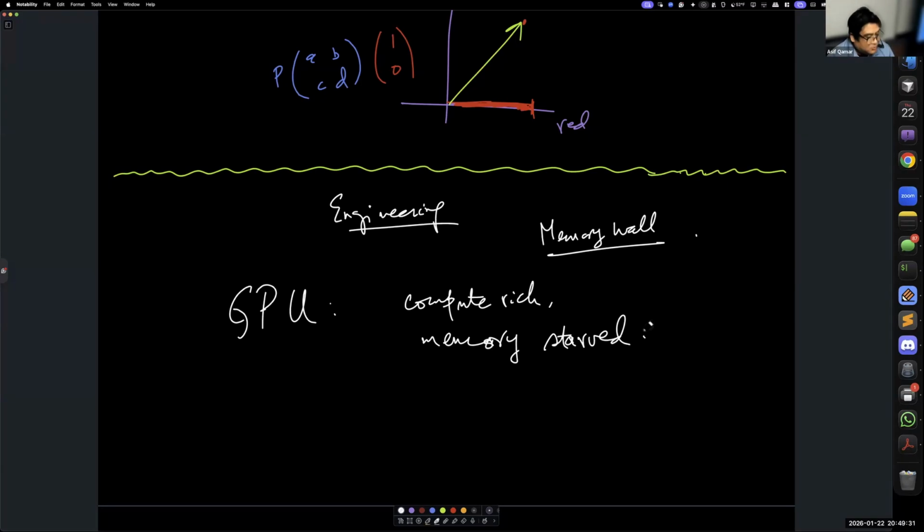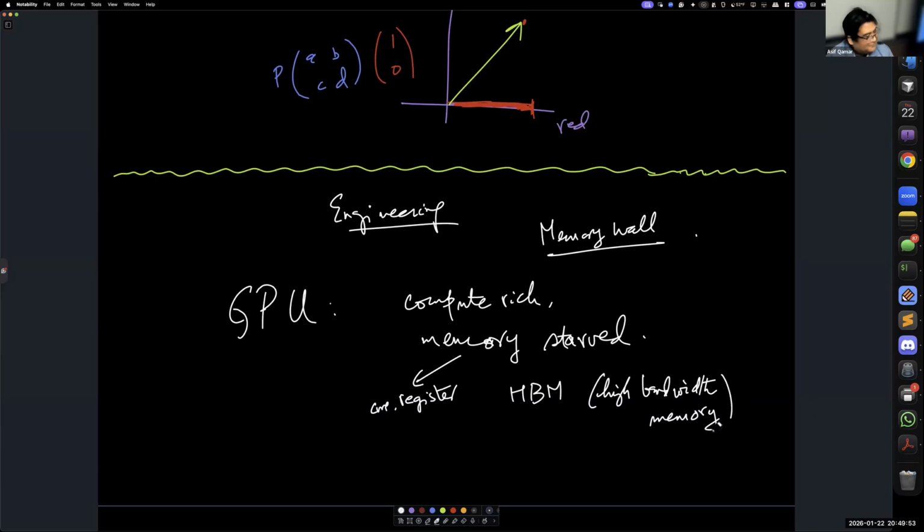In a GPU, there are 2 kinds of memory. One is the register, the register of each of these little cores. And it has the HBM, this much slower high bandwidth memory. And Sushant, you work with this hardware, so you know it. So now the trouble is high bandwidth memory is way, way slower than the register speed.